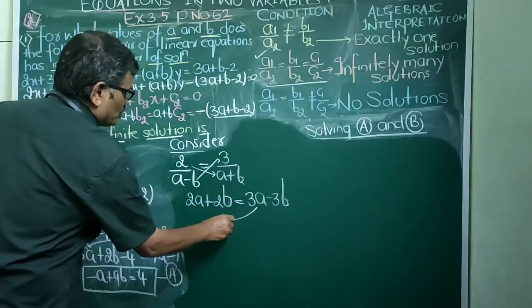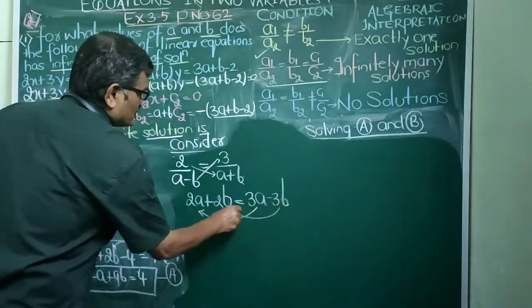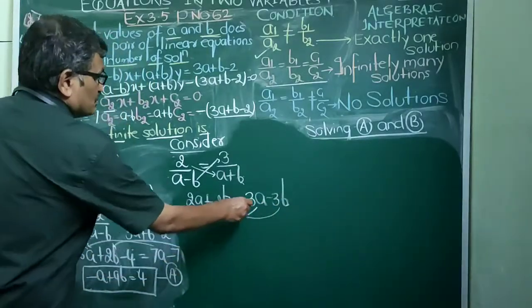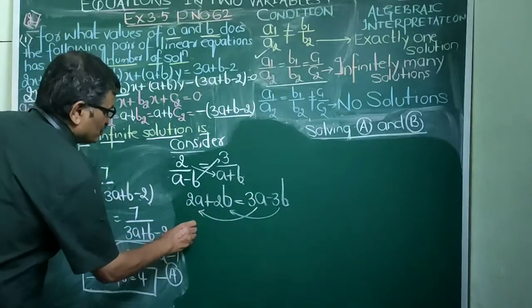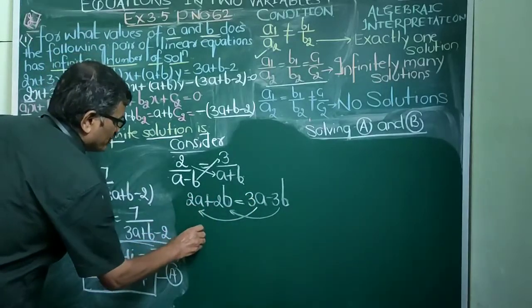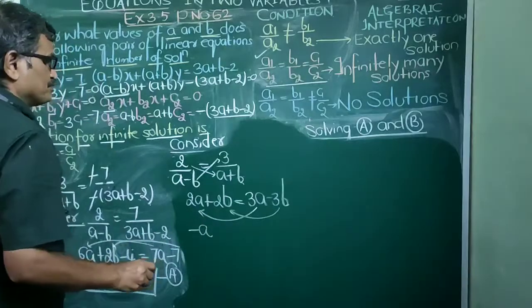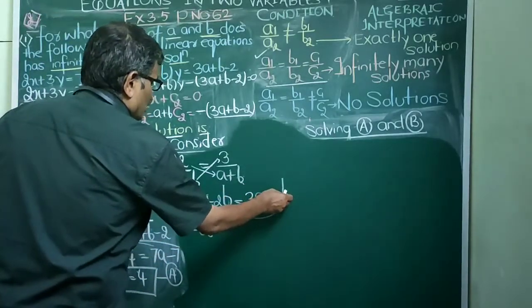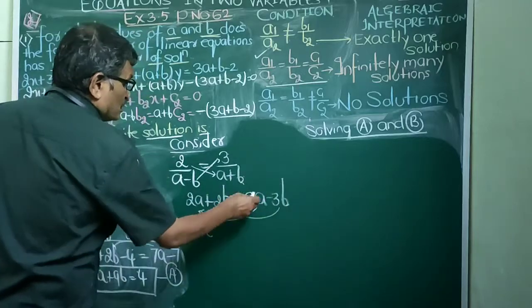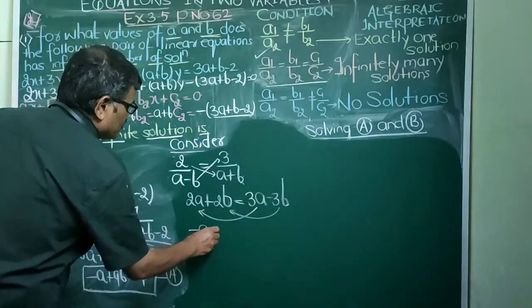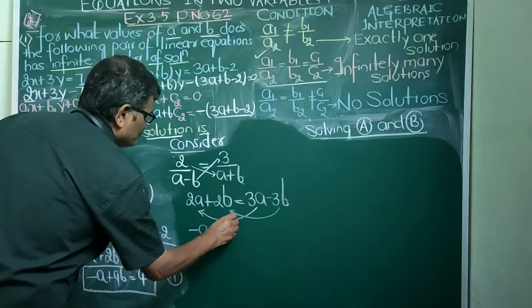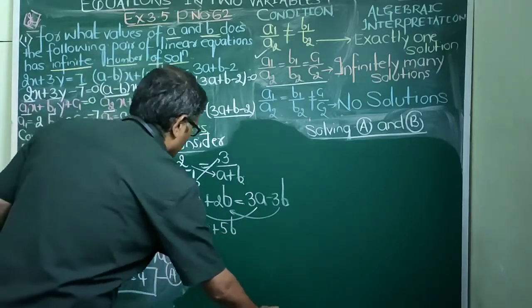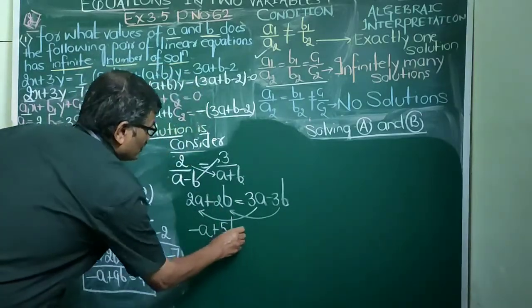Now if I transpose this towards this side, then 2A minus 3A will become minus 1A, and 2B plus 3B will become plus 5B, equal to 0.